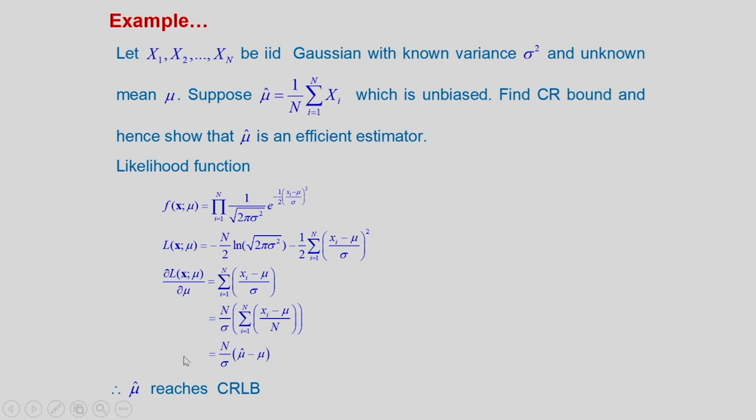Therefore according to the equality condition of the Cramer-Rao theorem, mu hat will reach CRLB. Because this partial derivative is a product of the factor (mu hat minus mu) and a scalar, mu hat reaches CRLB, and hence mu hat is an efficient estimator.